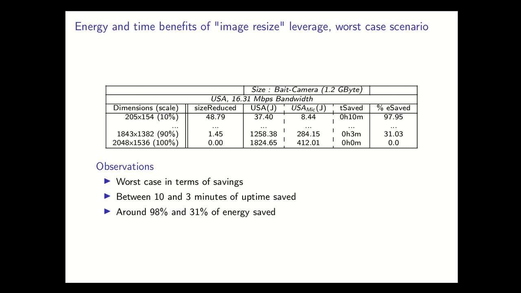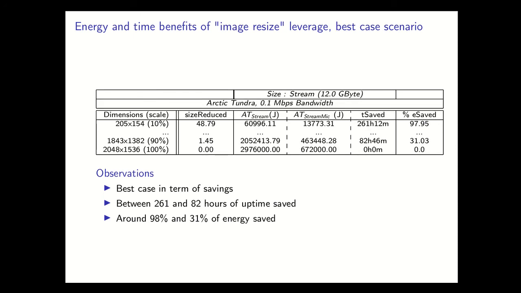And the best case scenario in terms of energy savings is when the data size is the biggest. So here the stream scenario with 12 gigabytes and with the bandwidth that has the lowest rate, so 0.1 megabits per second, which is a measured value that we had in the Arctic tundra during our experiments. And here the time saved is between 261 hours to 82 hours of uptime.